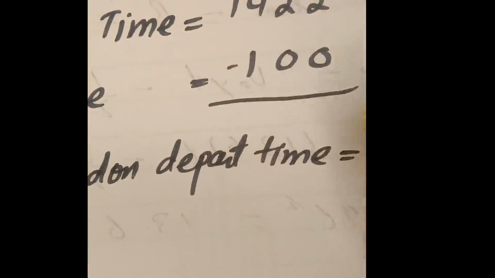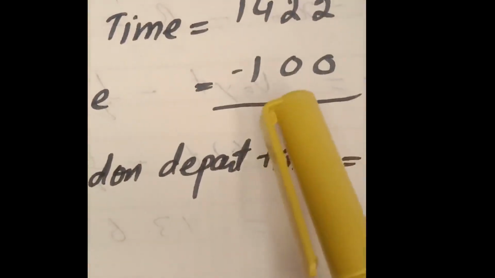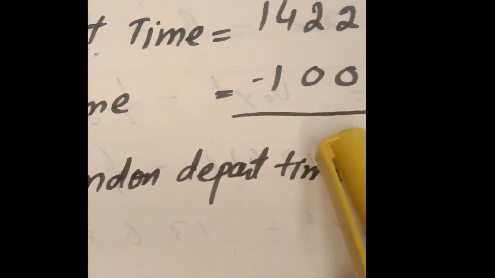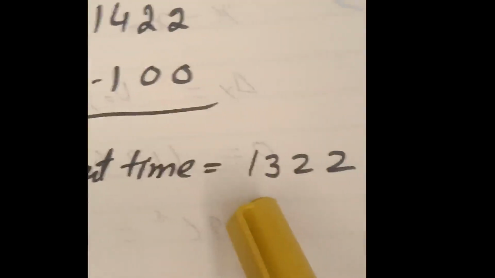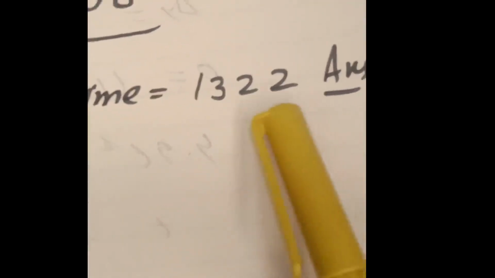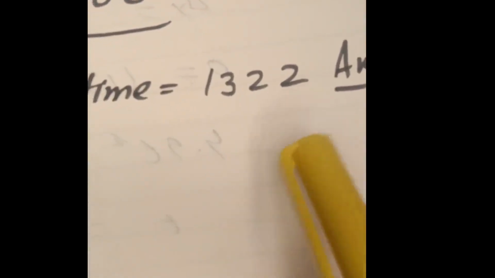But the local time in Paris is 1 hour ahead of London, so we have to subtract that also. Therefore, I subtract 1 hour from 1422, and the London departure time comes out to be 1322.